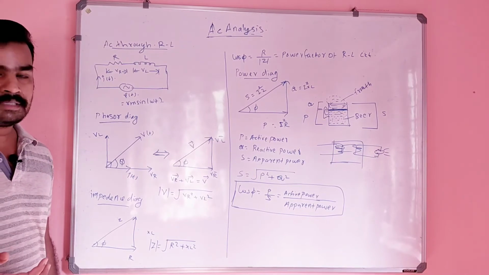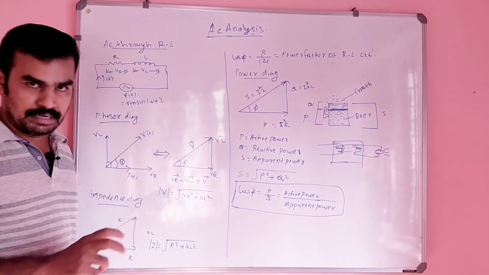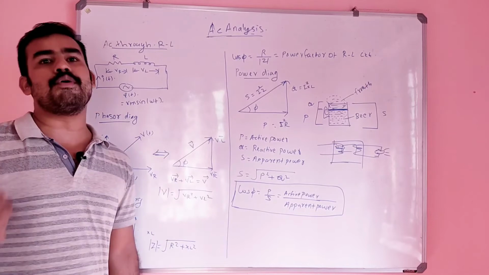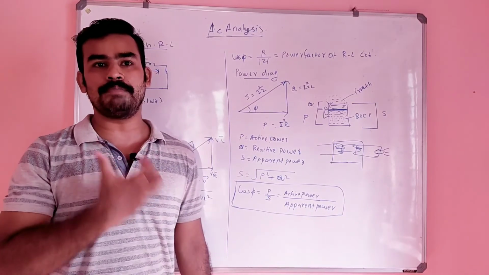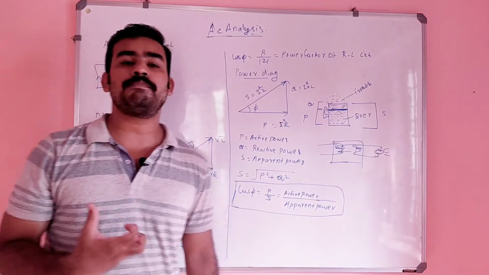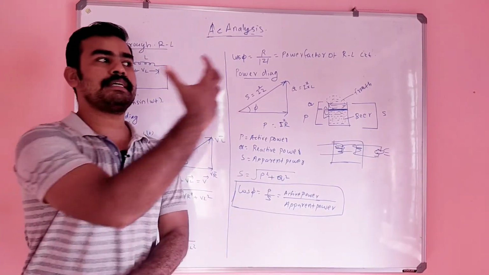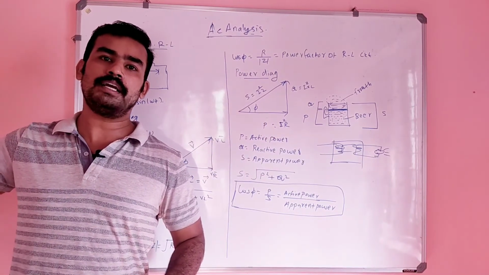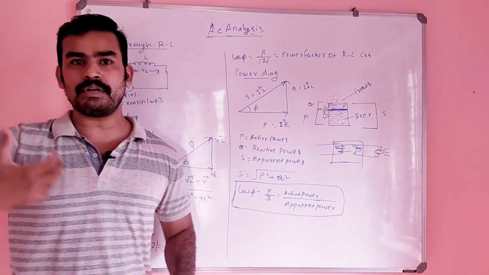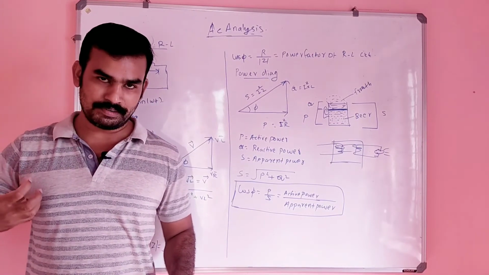Or we can say that reactive power is the driving force of the active power, or the carrier of active power. The role of the reactive power is to carry the active power to the load side. So that medium or carrier is called the reactive power.